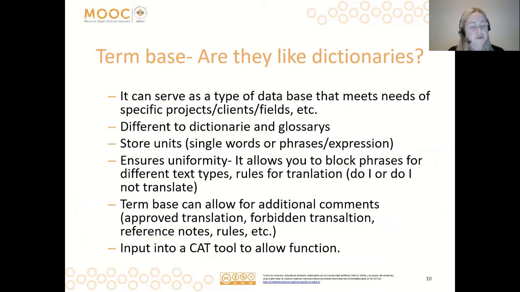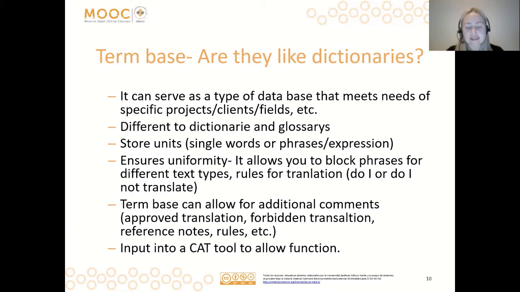So for those who don't work in the field of translation, they could probably compare this to dictionaries and say, well, dictionaries are the same thing. If I want to know what coche means, can't I just look it up in my dictionary and it'll tell me exactly what it is? That's not the case in translation. If not, we'd just call it a dictionary, right? So they serve a similar purpose, but they're quite distinct.